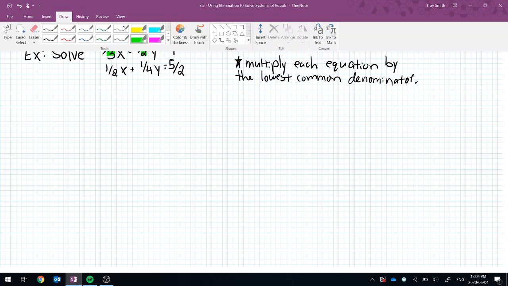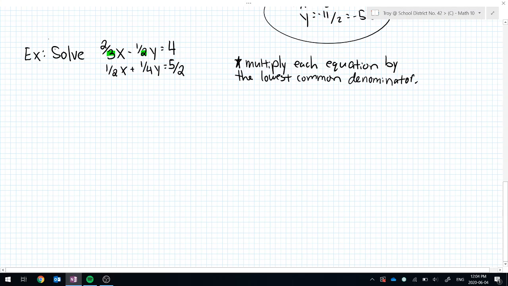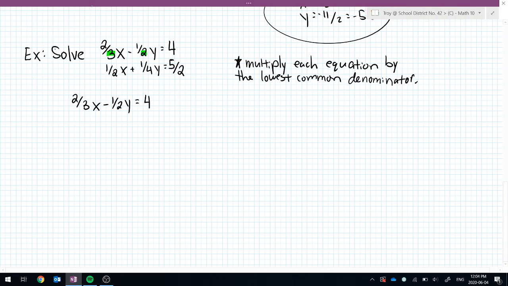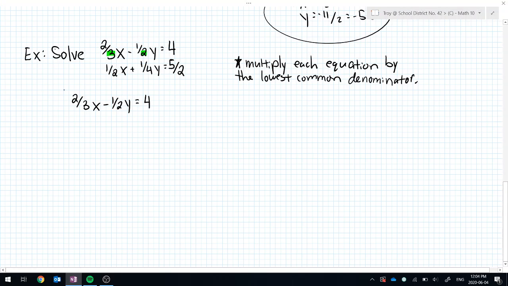So what we're going to do is I'll take my equation here just to write it out again. 2/3 x minus 1/2 y equals 4. And because our lowest common multiple is 6, we're going to multiply both sides of the equation by that. On the right side, it's easy enough. It's going to be 24, 4 times 6. On the left side, we have to remember to distribute.